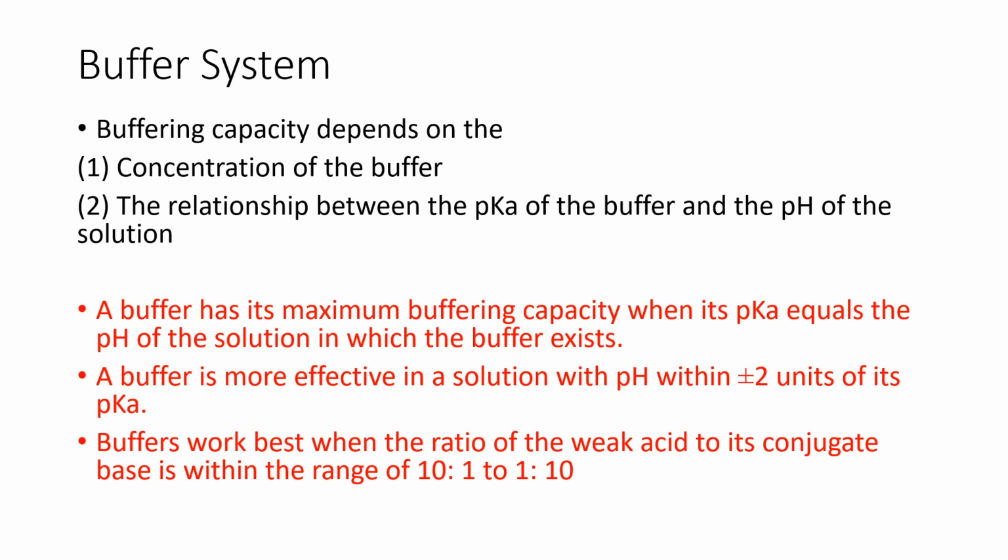Also note that every time I talk about solution in this situation or throughout this lecture, I'm referring to the blood, the human blood. So the relationship between the pKa of every buffer system and the pH of blood is also a very important factor that will determine the buffering capacity of that buffer system.